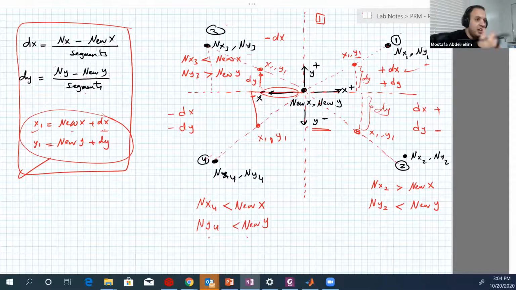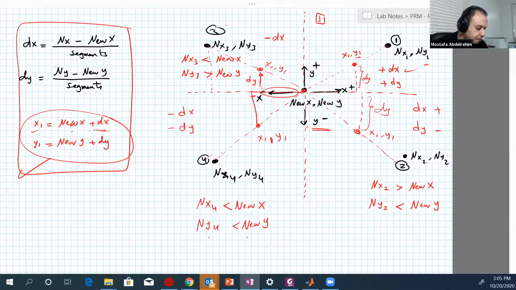Negative or positive, subtract or add, will be compensated by itself, okay, because we didn't add absolute here. So whenever you want to add dx, you will find dx itself is positive. And whenever you want to subtract dx, you will find that dx itself is negative, and the same for dy.